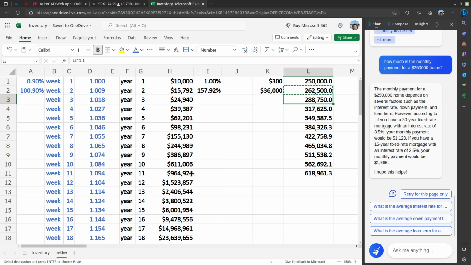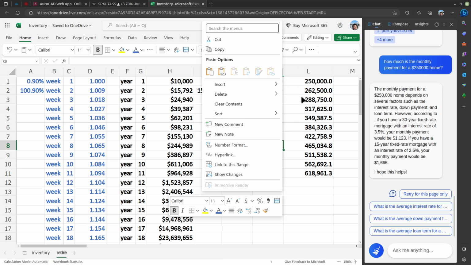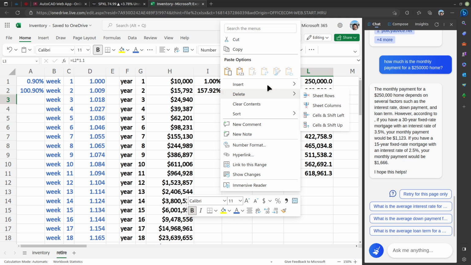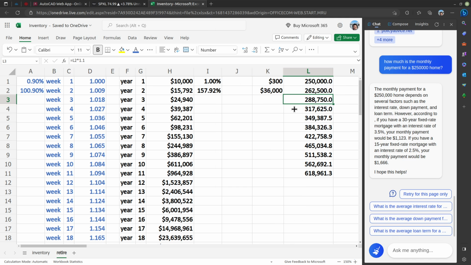But 10% is too much. We don't know what inflation is gonna be. I think it's gonna be a lot of inflation.